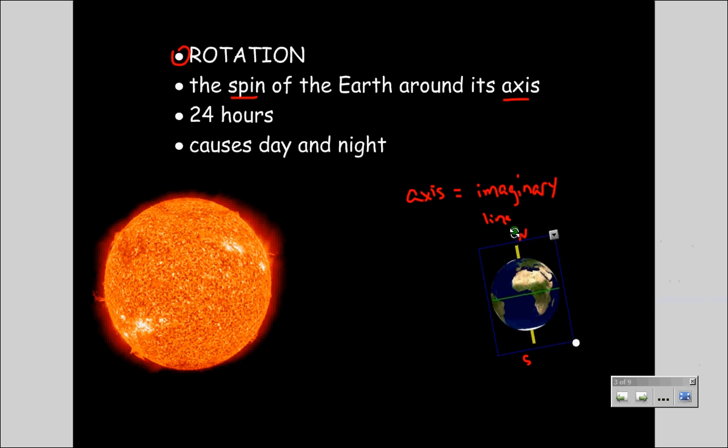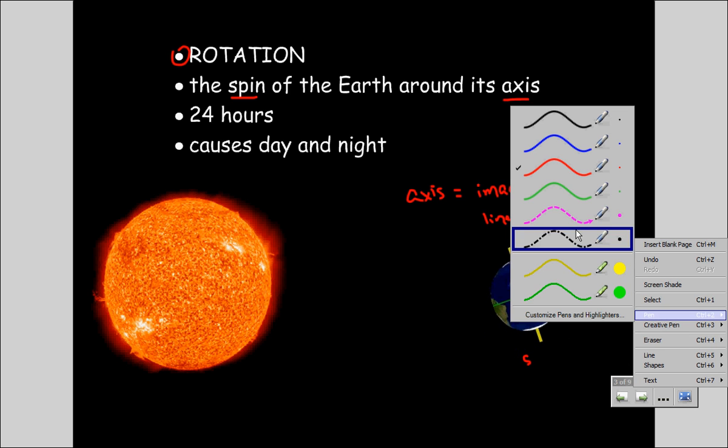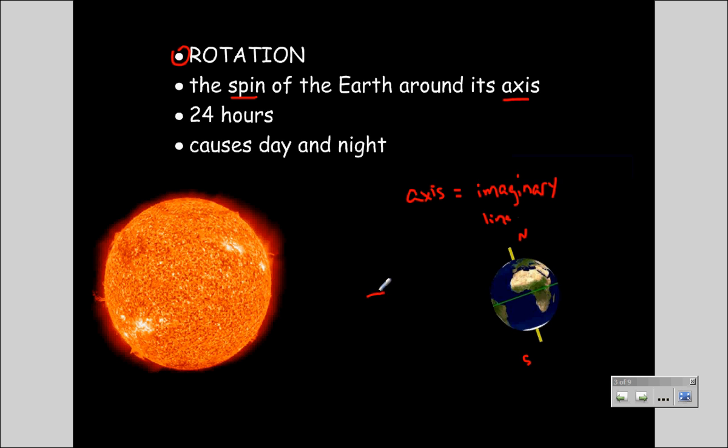Now this axis is also tilted at an angle of 23.5 degrees. So it's not exactly up and down, it is tilted slightly, 23.5 degrees. And this is the axis that the Earth spins around.